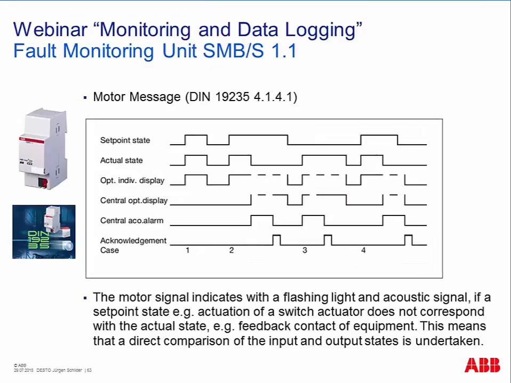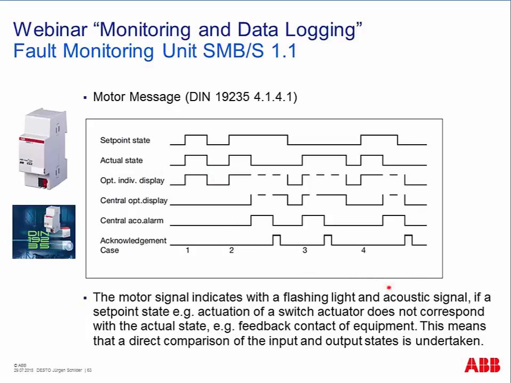And number 4, so-called motor message, is a bit different. The motor message, or the motor signal, indicates with a flashlight again and acoustic signal if a set point state, for example, actuation of a switch actuator, does not correspond with the actual state, for instance, feedback contact of equipment. So, in other words, let's make an example. You have a motor connected to a switch actuator.